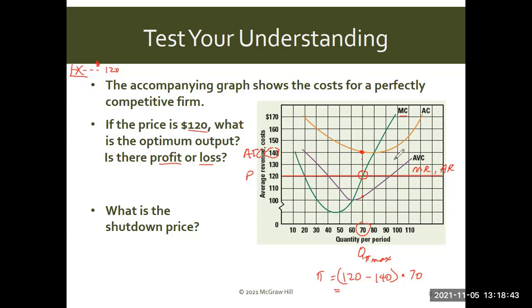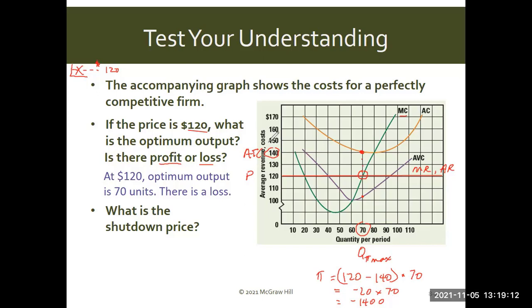So let's click the slide and see their calculations. At 120, optimum output is 70, and there's a loss, simply because price or average revenue is below the average cost. So this would work out to be minus 20 times 70, so minus 1,400 would be the loss.